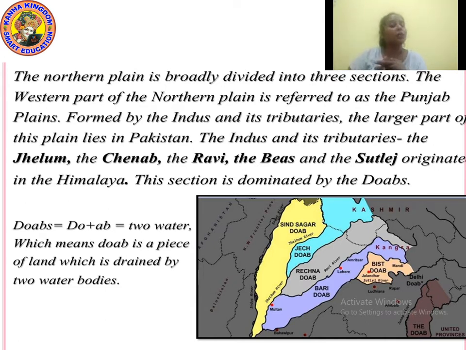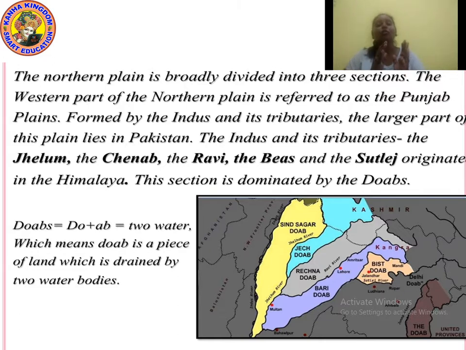What are the names of the tributaries of river Indus? The names of the tributaries of river Indus are the Jhelum, Chenab, Ravi, Beas and the Satluj. This section is dominated by doabs. Now what are doabs?